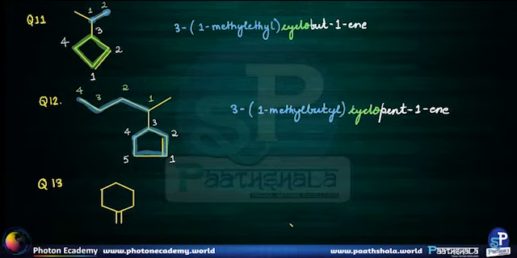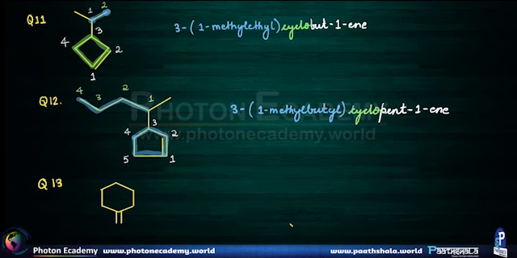Question number 13 is a problem of its own type. The reason being that there's a single carbon over here. As we have studied the rule, the double bond should be in the main chain. So, if I select the cyclic ring as my main chain, there is no double bond present.